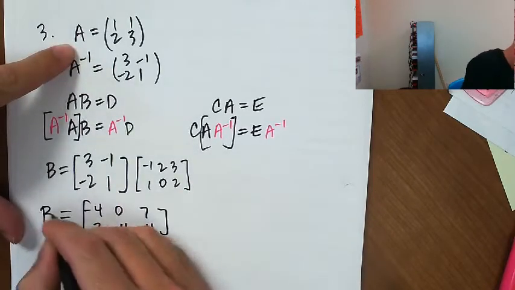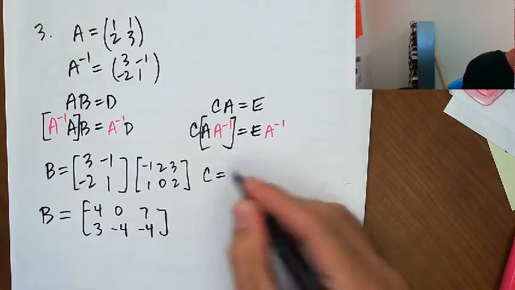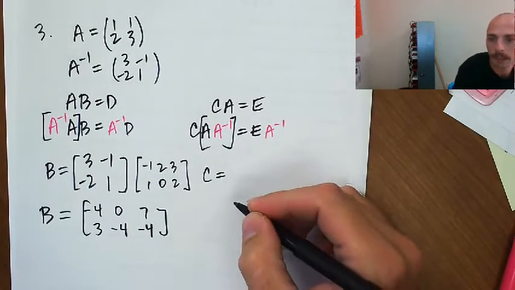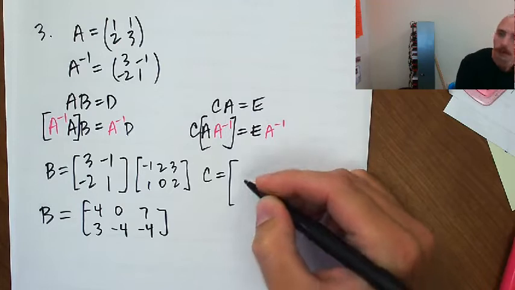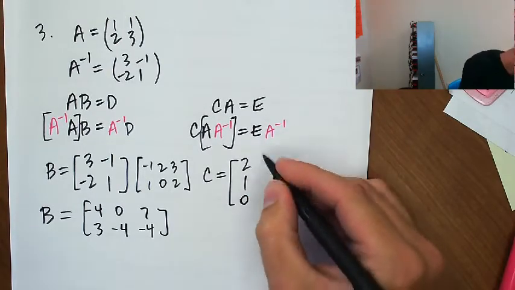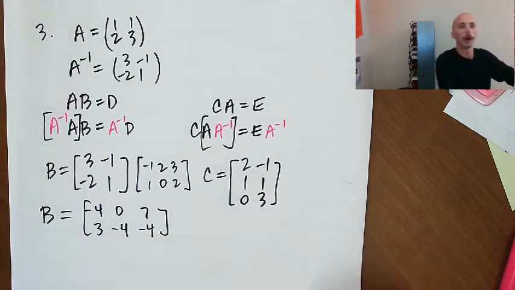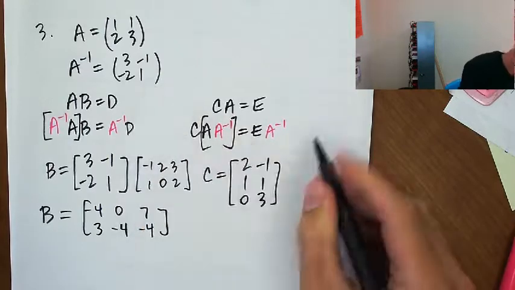Okay, that's B. If I want to find C, I'm going to take E and multiply it by A inverse on the right. E is kind of a tall matrix. It's 2, 1, 0, and negative 1, 1, 3. And then I'm going to multiply it by A inverse on the right, and I've already got A inverse right there.